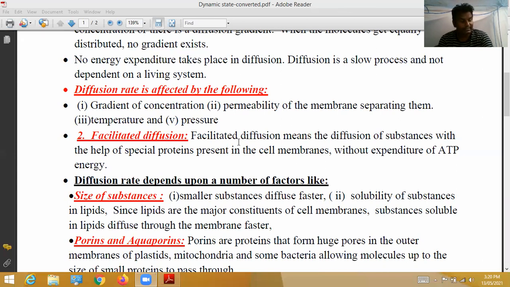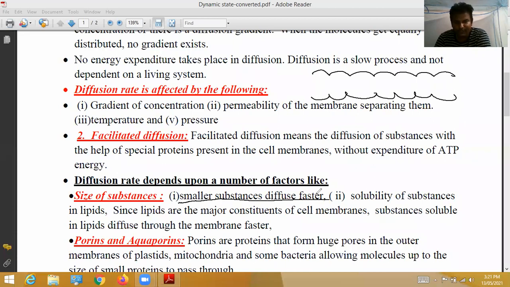Whatever the substances being transported, their size matters. Facilitated diffusion occurs through the cell membrane, so smaller molecules diffuse faster. What are the sizes of substances? Smaller substances diffuse faster.